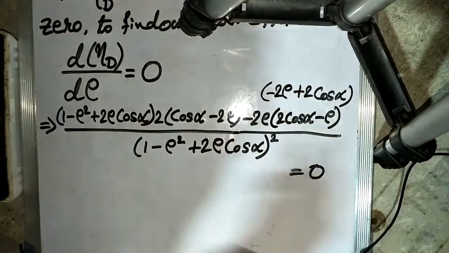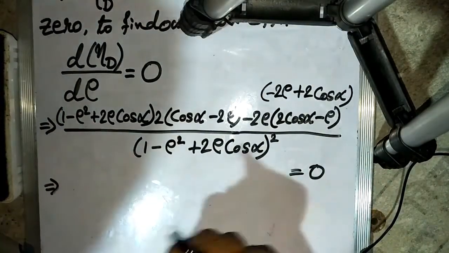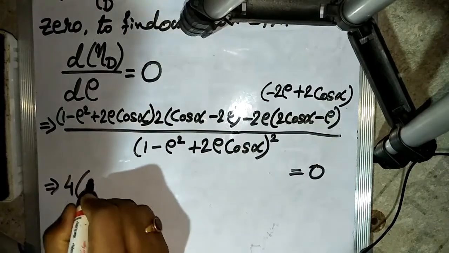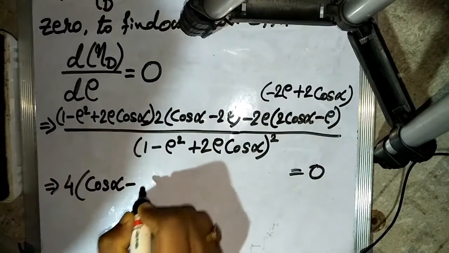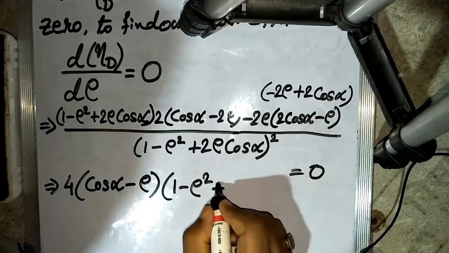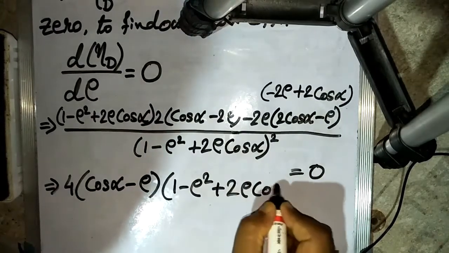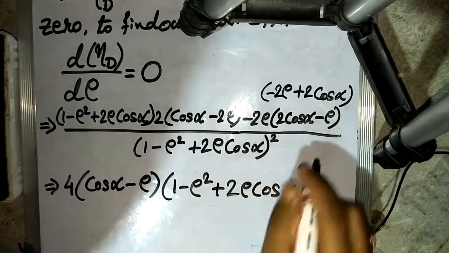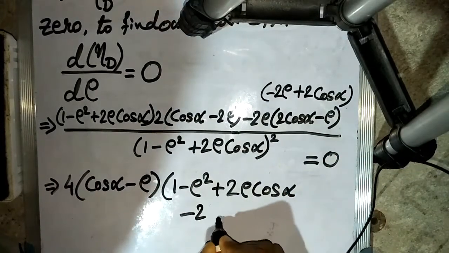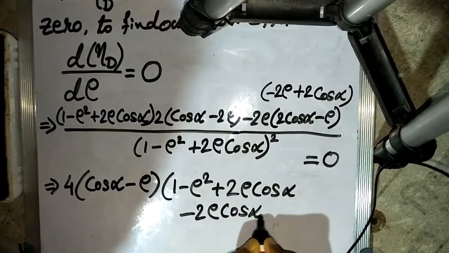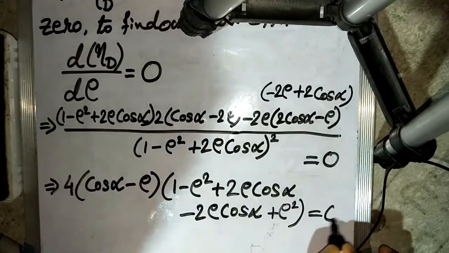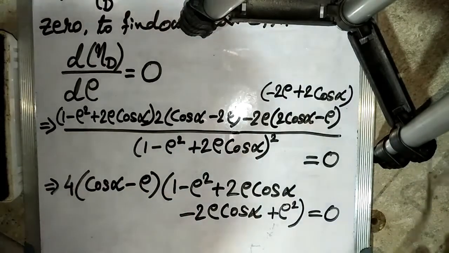Now by simplifying that expression, we get 4 (cos alpha minus rho) into (1 minus rho square plus 2 rho cos alpha) minus (2 rho cos alpha plus rho square) equals 0.